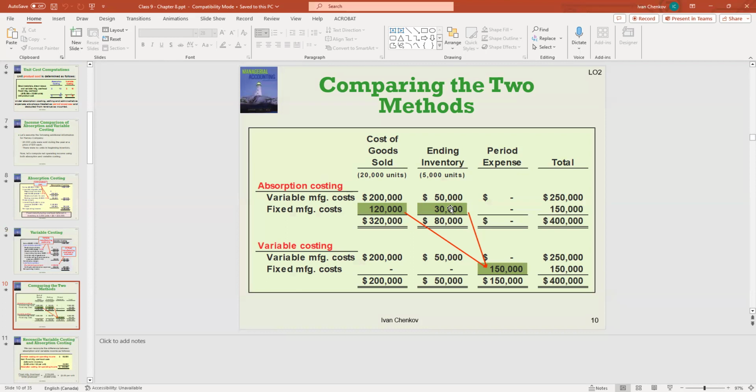For that reason, we have that difference in operating income of $30,000, because absorption holds the $30,000 in inventory, whereas in variable costing we're releasing those $30,000 into the expenses.